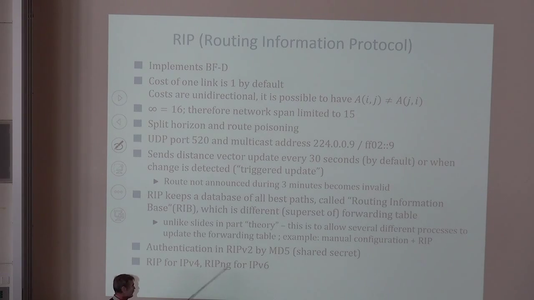It's called RIP-NG for IPv6 because the old name of IPv6 was IP Next Generation. The messages are sent between neighboring routers only, so they are sent one hop and they're sent using UDP.